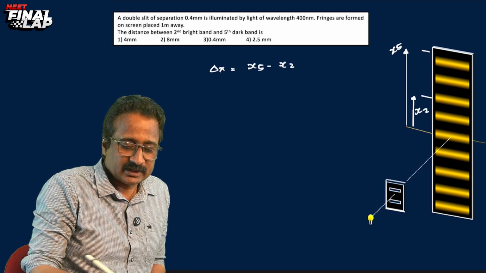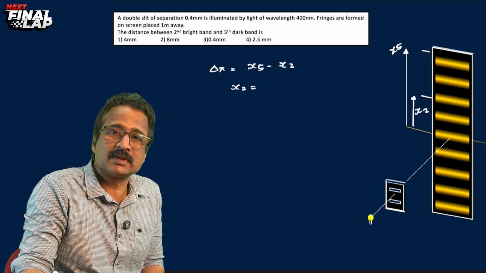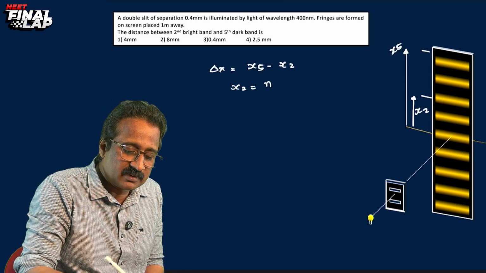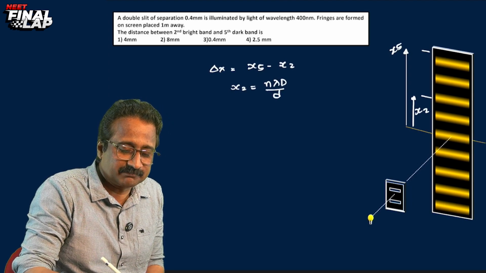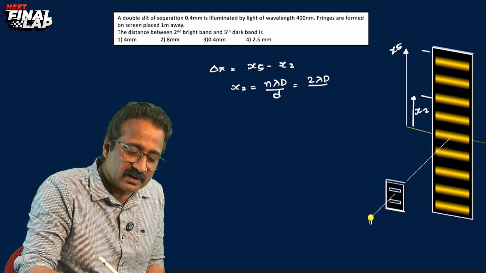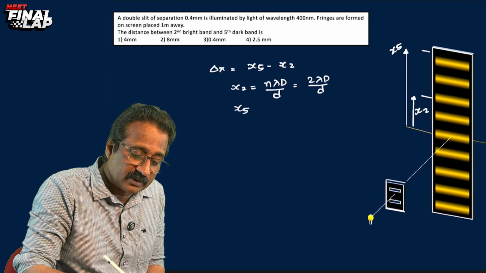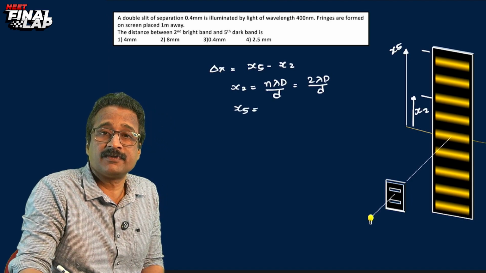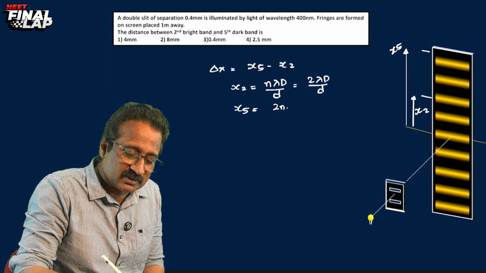Now x5 and x2. I'll begin with x2 first. x2 is the distance to the second bright band. Remember, the equation is n lambda D divided by d for a bright band, and n is 2 here, so it is 2 lambda D divided by small d. x5 is the distance to the fifth dark band. As it is a dark band, don't mess up the equation.